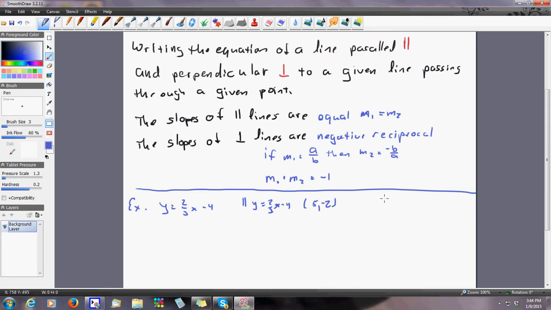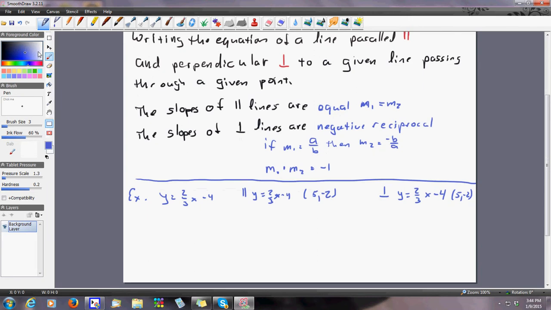And I'm going to do a line that's perpendicular to y equals 2/3 x minus 4 that passes through the point 5, negative 2 as well. What I want you to know is the negative 4s are completely irrelevant. They're not an issue at all.